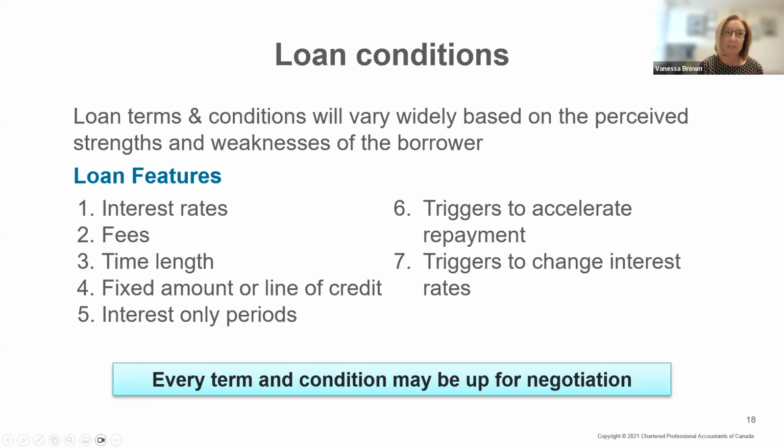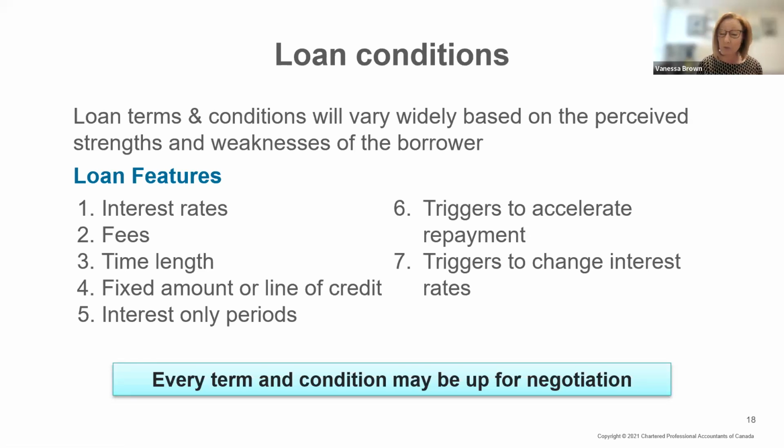And each one of these terms, I can't say it enough, they're all open to negotiation. So just make sure you know what your agreement is, consider what your cash flow requirements are. And if something's putting you in a tight spot, know that you might be able to renegotiate something different. It might not be on the interest rate, but it might be on the time length, which would require smaller principal payments.